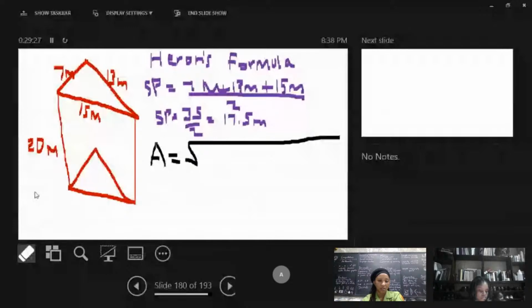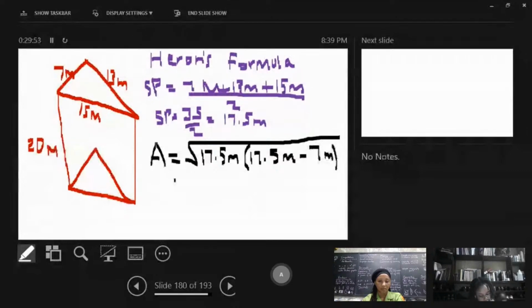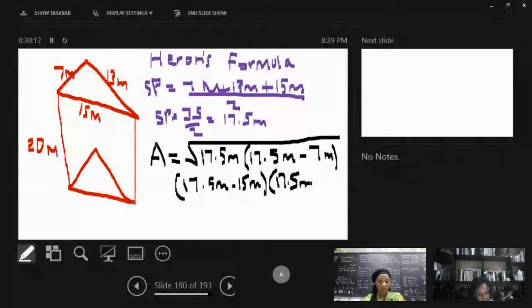So it will be 17.5 times bracket 17.5 minus 7 meters, and 17.5 minus 15 meters, and 17.5 minus 13 meters. All right, so what do those give now?